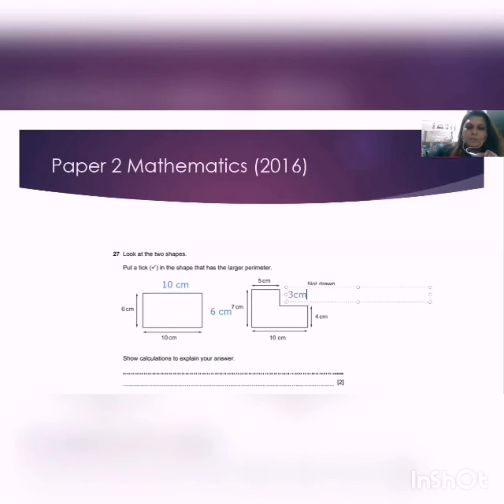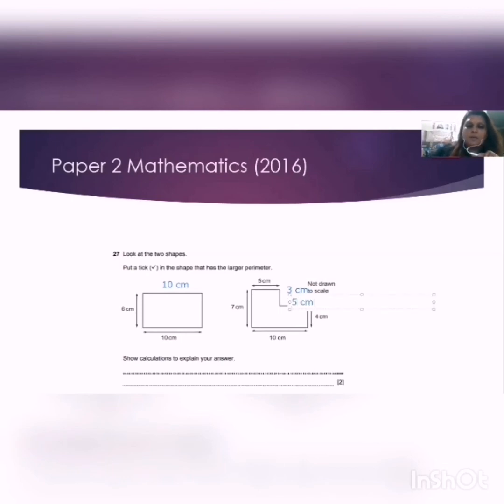So this part will be 3 centimeters. How about this line here? We have 10 here and 5 here. So 10 minus 5 is 5 on this side.